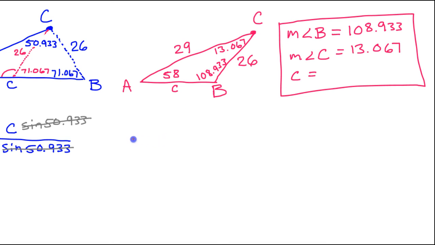So once again, I'm going to do my law of sines. Okay. Because I'm looking for a side, I'm going to put my sides in the top. So I'm going to use that same pair that we had from the beginning, angle A and side A. But this time I'm going to put the sides in the top.